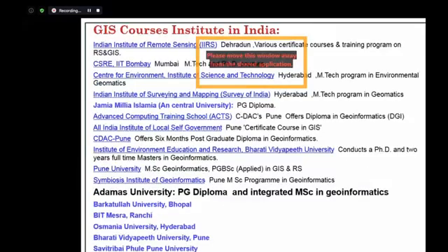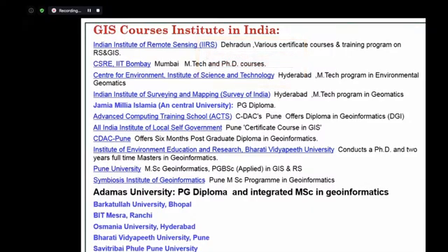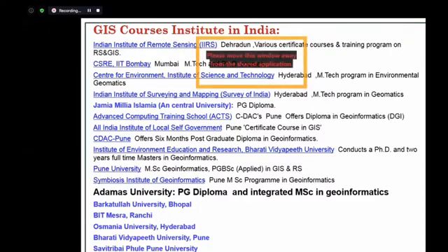GIS courses and institutions in India. There are very good institutions in India. Indian Institute of Remote Sensing, IIRS Dehradun. I did my internship and my project at IIRS Dehradun. IIT Bombay. These are the prominent ones. Also Adamas University, which has a PG diploma and an integrated MSc in Geoinformatics.